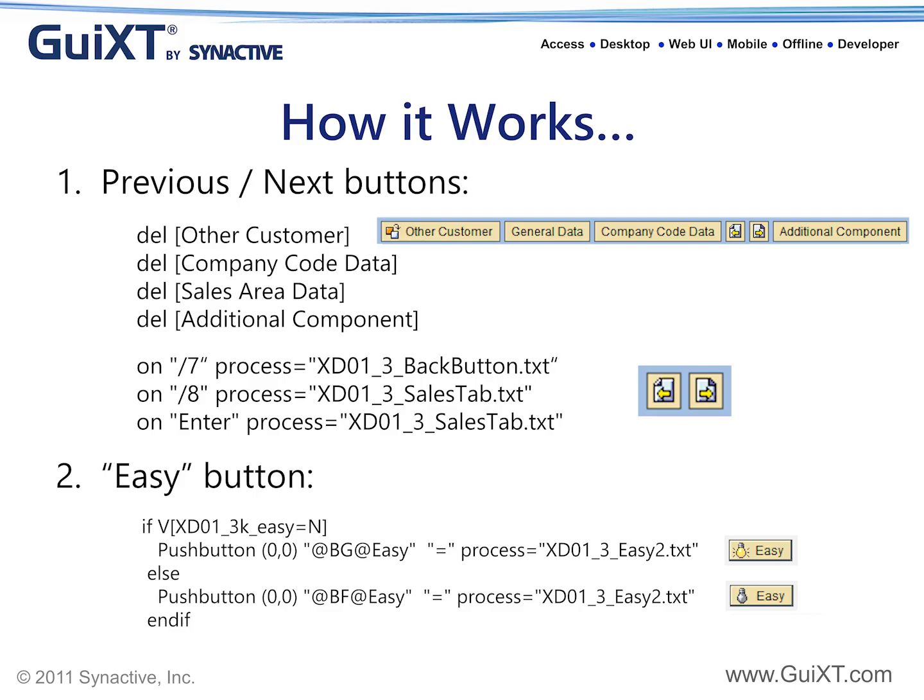Using GuiXT, for basically every transaction, you can have a text file that's assigned to that transaction. This is very simplified, but there are just a few commands you need to know to make a pretty big impact. For example, to take away the additional buttons, there's a delete command, just DEL, then a square bracket, followed by the name of the button you want to get rid of.